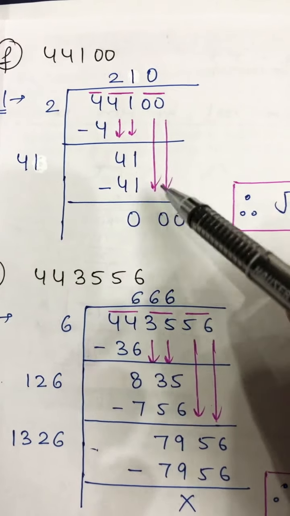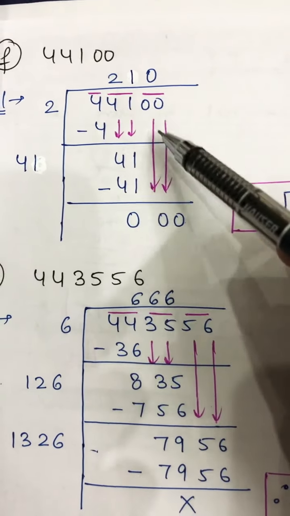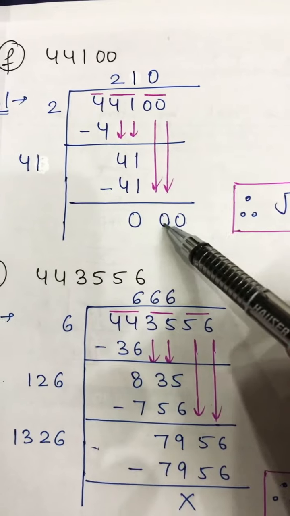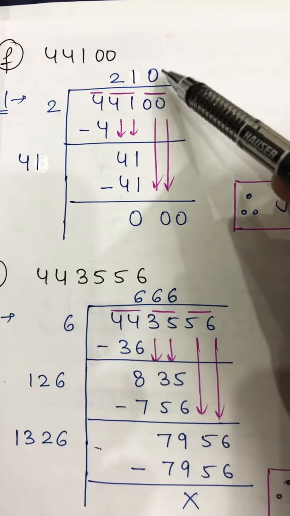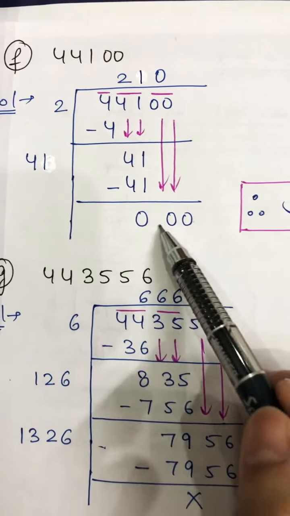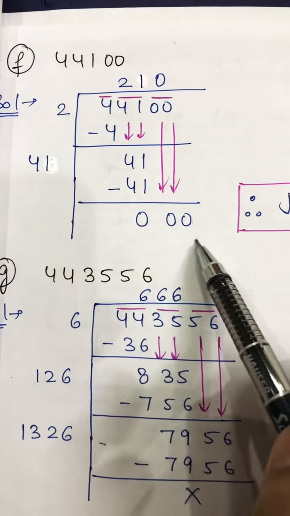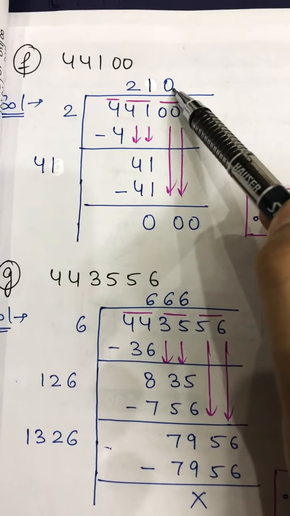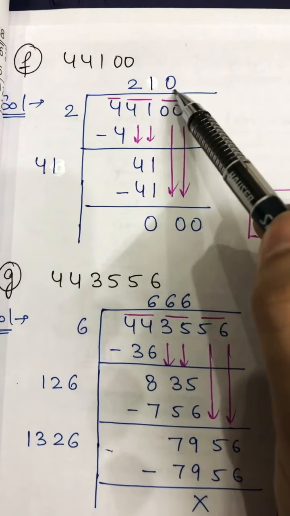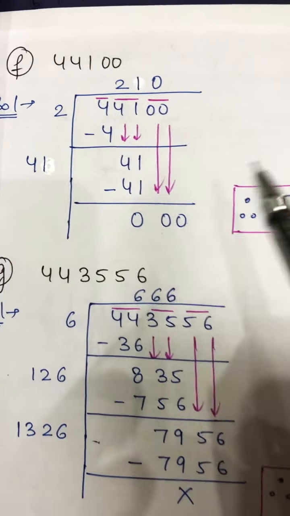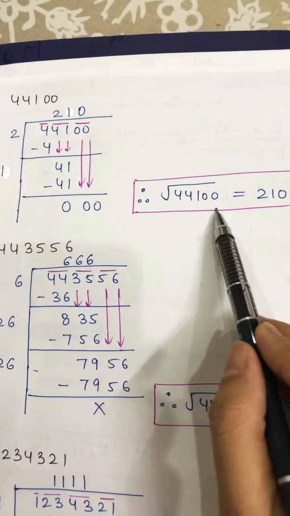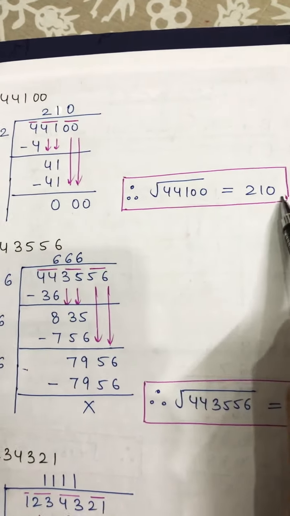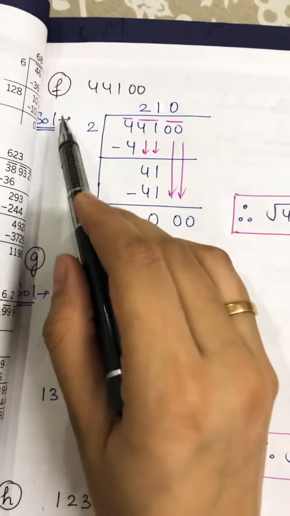Now take these two 0s as it is. If I take the next digit as it is, I have to place 0 here because the next is 0 0. It will not go in any table, so I have to place 0 here. For this pair I have to place 0 here. Okay, so your number is 44100. The square root of this is 210. Okay, this is your F part.